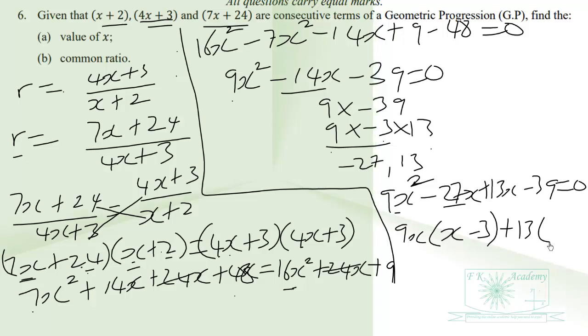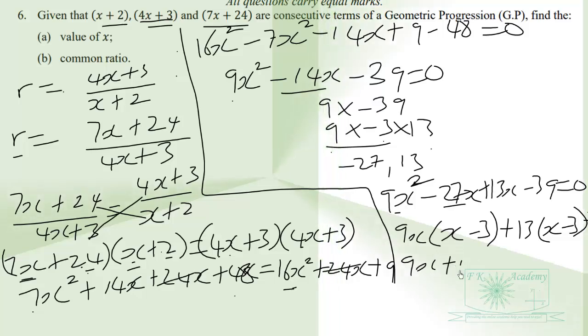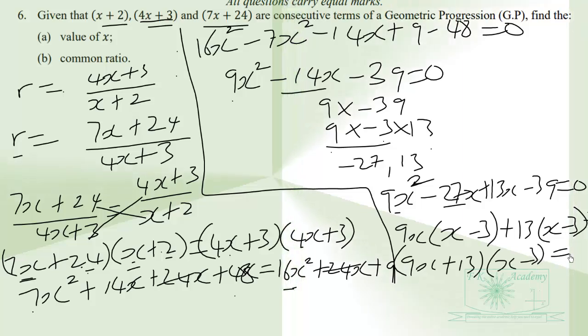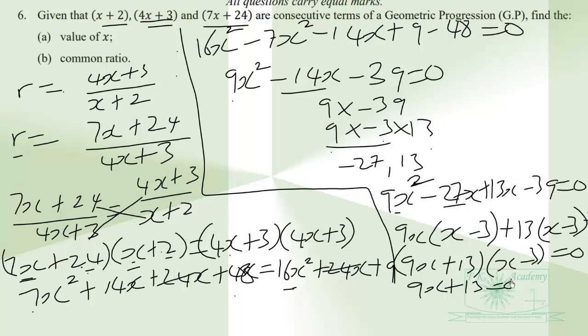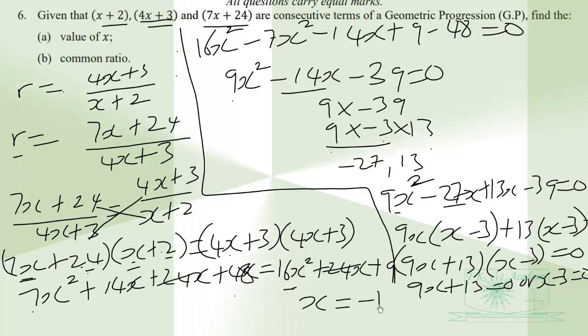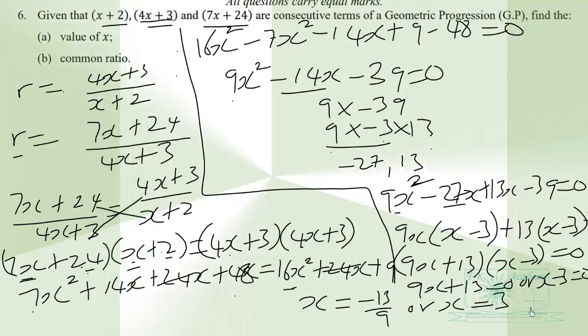Then we have x minus 3 is equal to 0. So we have 9x plus 13 into x minus 3 is equal to 0. So we are going to get either 9x plus 13 equals 0 or x minus 3 equals 0. So x is either equal to negative 13 over 9 or x is equal to positive 3. So these are the values of x.